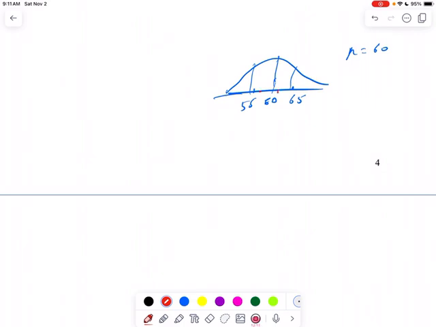But if you pick a value in the tails out here, the difference of those values from the mean will be more than 5. So it means we need the area in the tails.